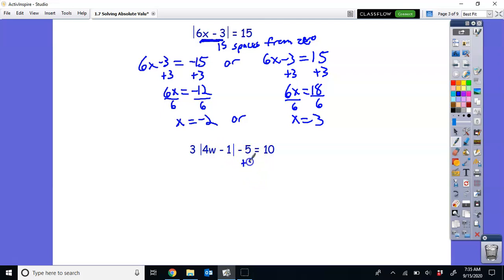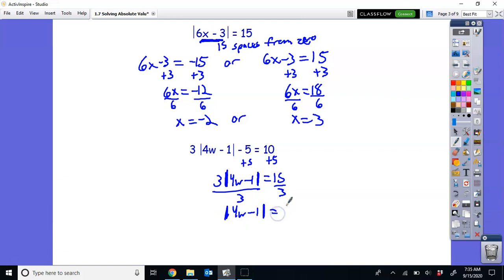Really what you need to do is think of it as getting rid of those first, just like you would if the stuff in this absolute value was one big variable x, like it's 3x minus 5. If that was one big variable, you would add the 5 over first, then you would divide by 3 to get the absolute value by itself.